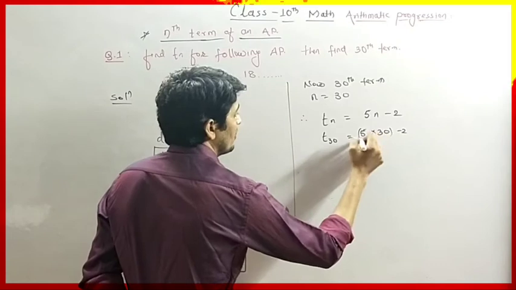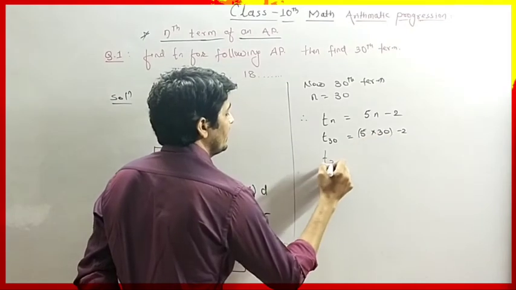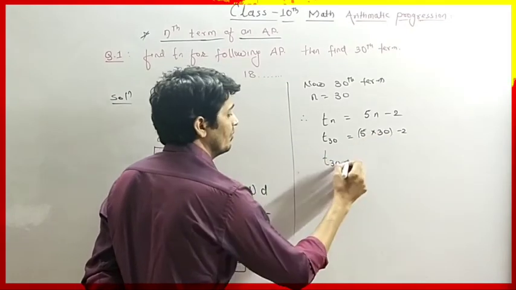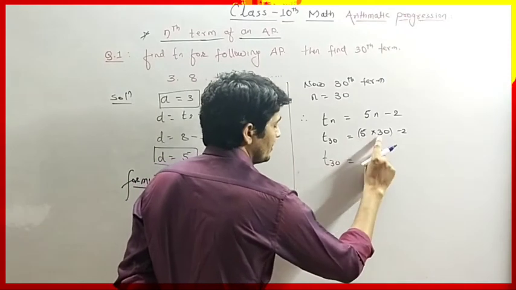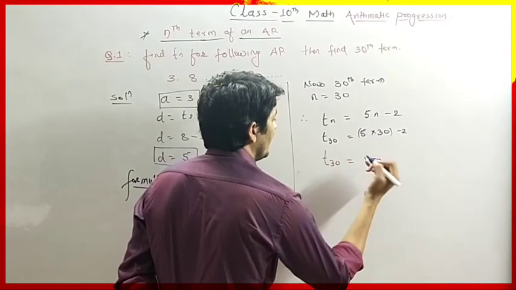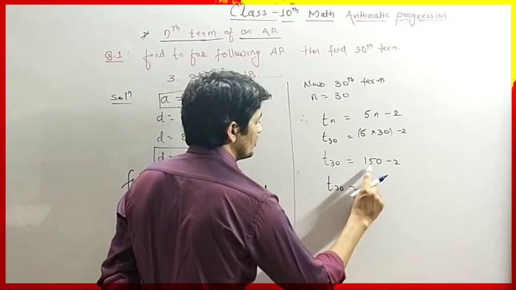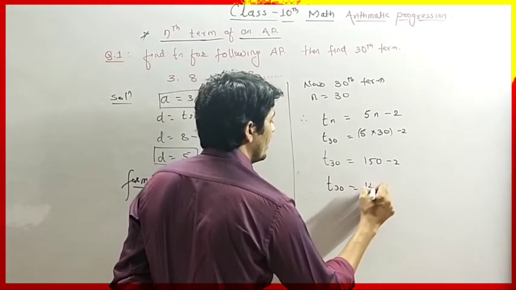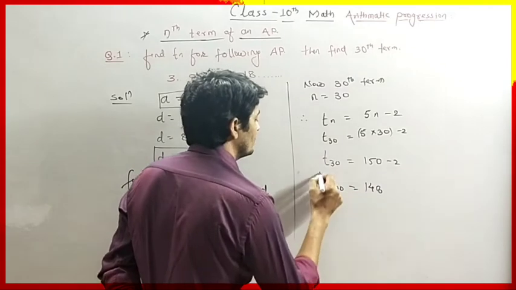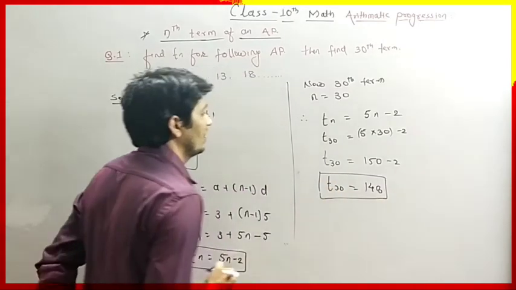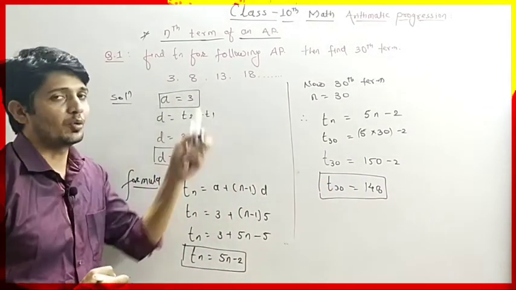We have to multiply this first. So T30, the 30th term, equals 5 threes are 15 and 0, minus 2. So T30 equals 150 minus 2, which is 148. So this is our 30th term of this arithmetic progression.